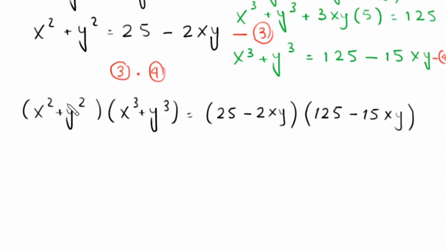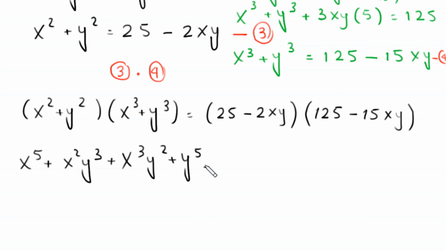Expand this left hand side. This will become x to the power 5 plus x squared y cubed plus x cubed y squared plus y to the power 5 equal to, expand this right hand side.